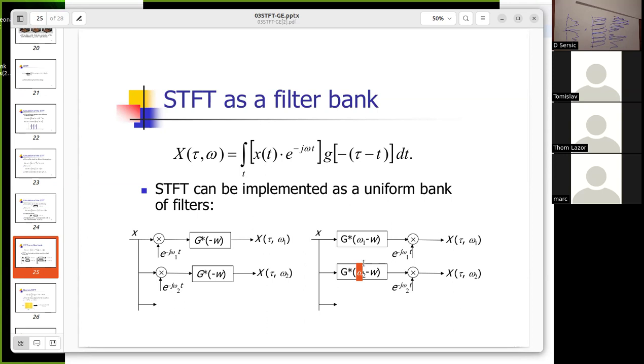Some of the first speech analysis, even before the Second World War, was made by filters that were mechanical, electromechanical filters. So we had a microphone, some kind of amplifier, then the coil and the magnet.